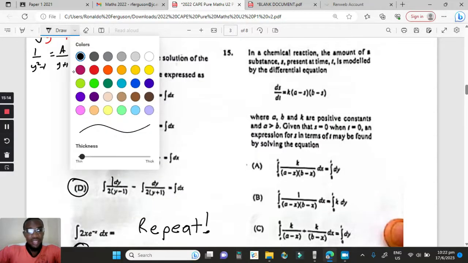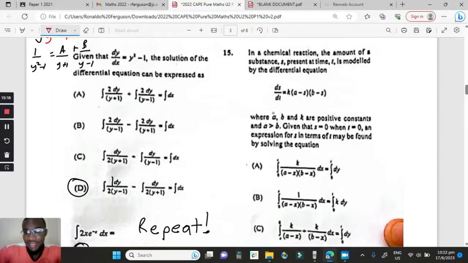Differential equations again. This is a differential equation. Given that s is 0 and t is 0, for s in terms of t may be found by solving, so we cross multiply and divide through. Where does x come from in this question?